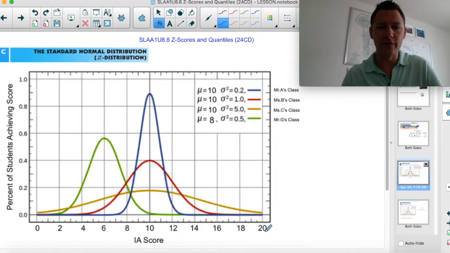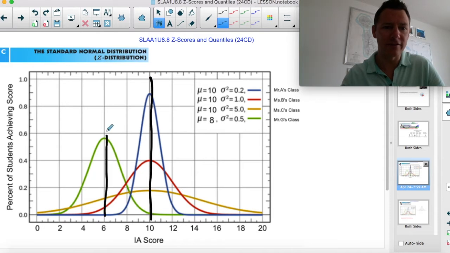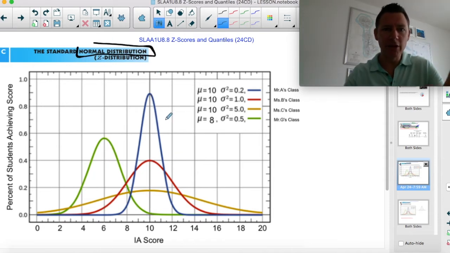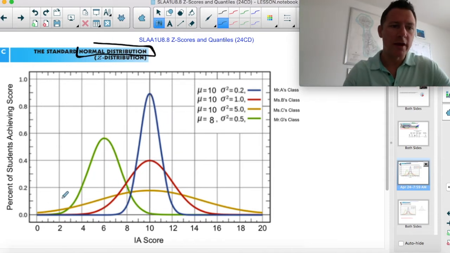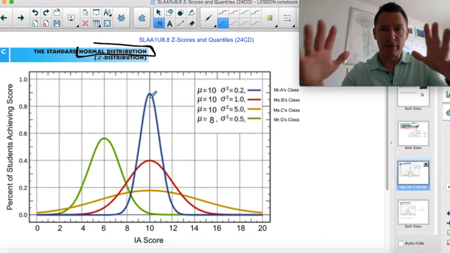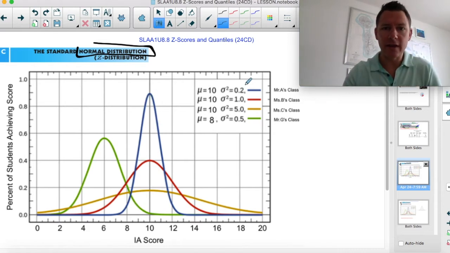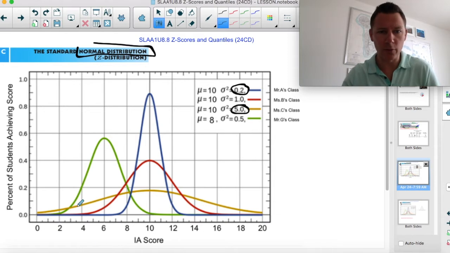These are IA scores out of 20, and on average the red, the orange, and the blue curves all have the same mean. The green curve has a lower mean, but they all have a little bit of a different shape to them, right? The blue, where everything's kind of smushed together, has a smaller standard deviation compared to the orange, which is much more spread out.